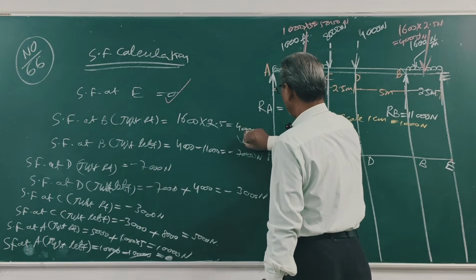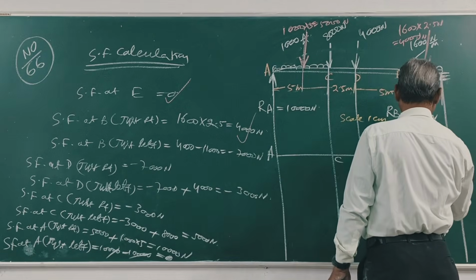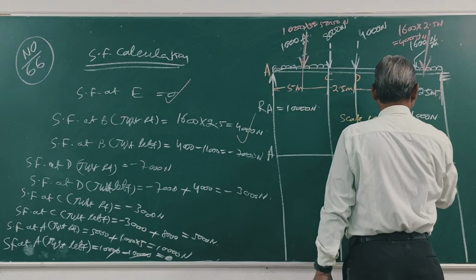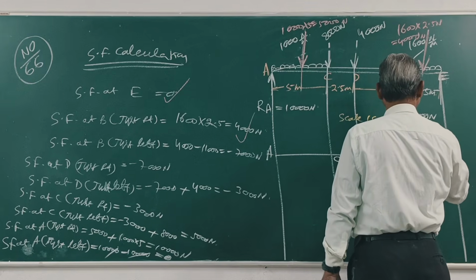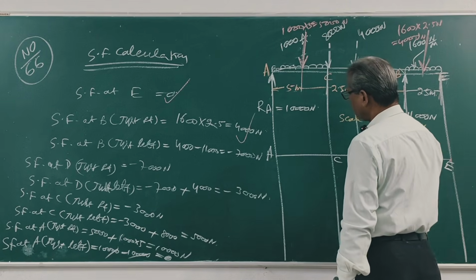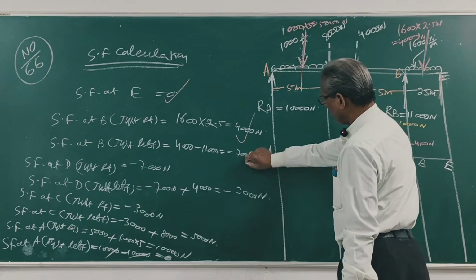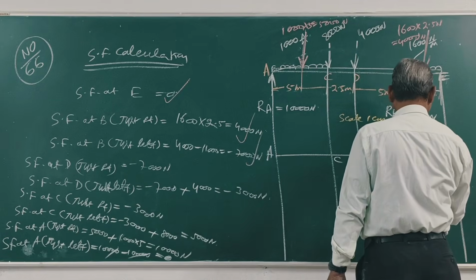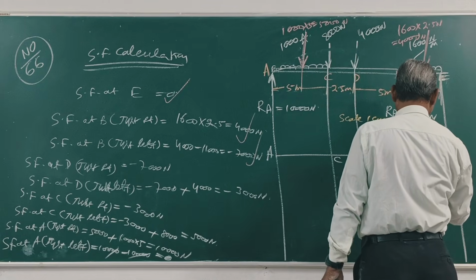B just right, 4000 Newton plus. B just left, minus 7000.